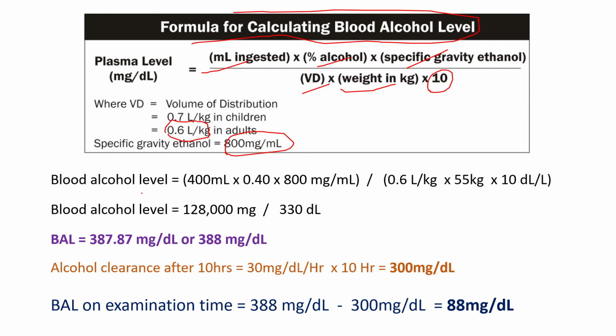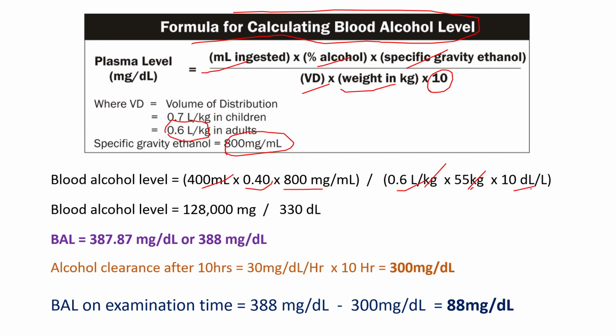So here we had 400 ml Gelbis gin at 40% alcohol times the specific gravity, divided by the volume of distribution, which is 0.6, and 55 kilos and 10. So you can eliminate the kilograms.